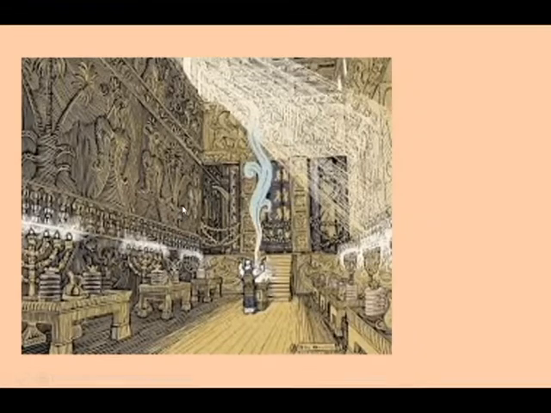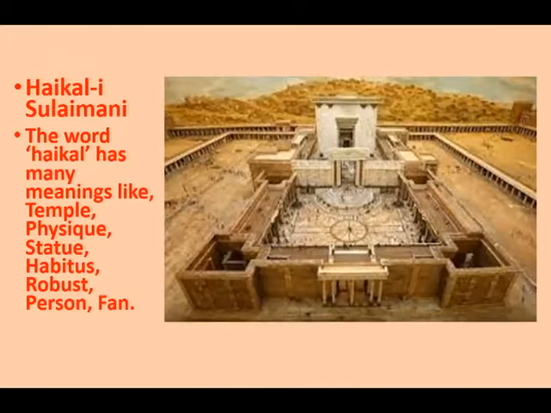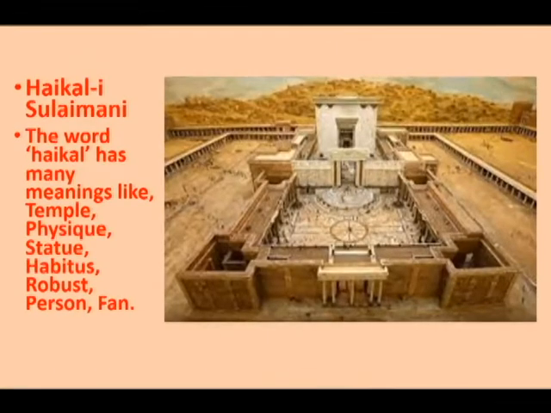Then they bring another picture of the Haikal-e-Suleimani. The word Haikal has many meanings. It is used for a temple, and it is used for a physique. Like we say Kavi Haikal, a very strong person. It is also used for a statue. It is also used as a habitat, any location, any place, any residence. It is also known as robust, somebody who is very strong.